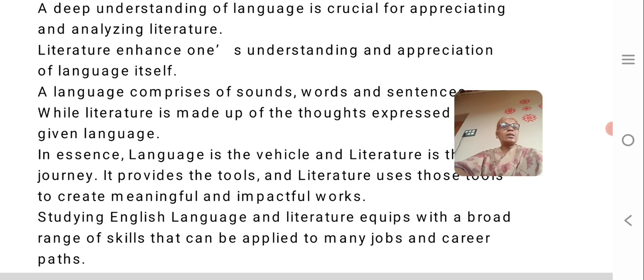So, dear students, go through this session and think about the quality of language you have to build for effective writing skills. Thank you.